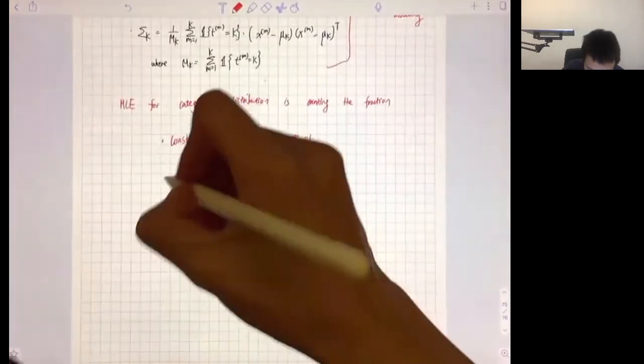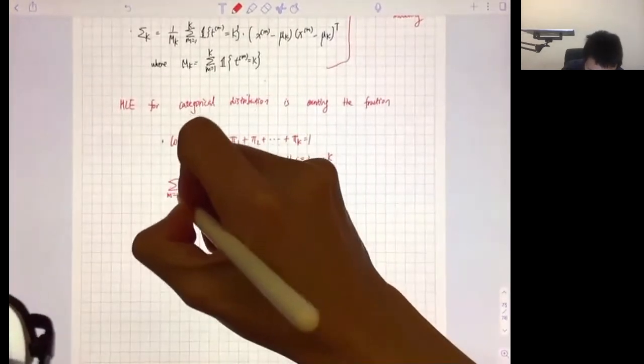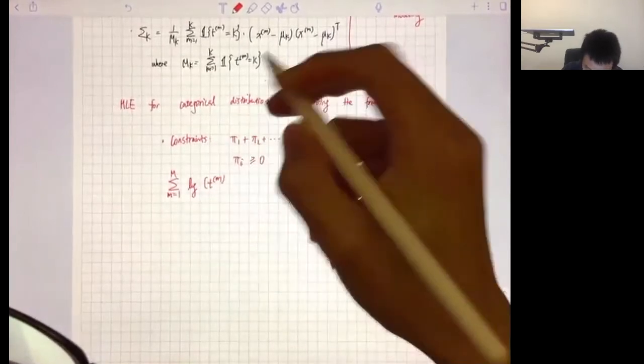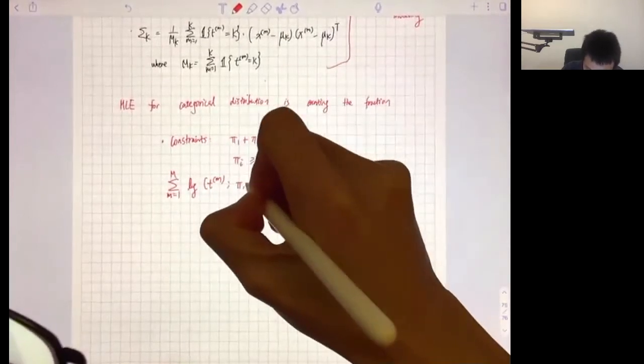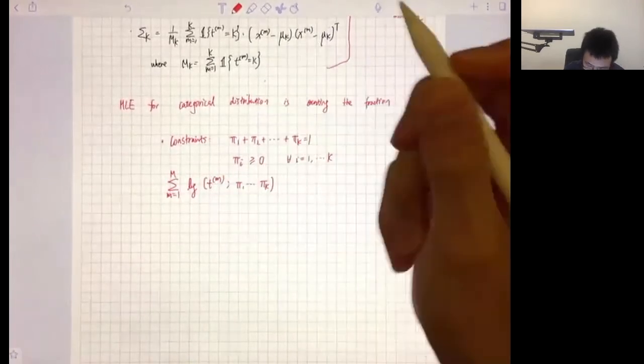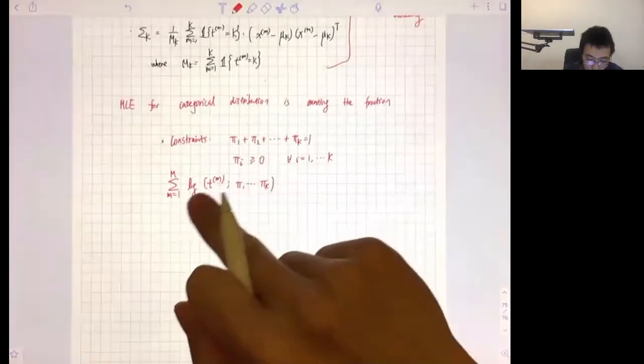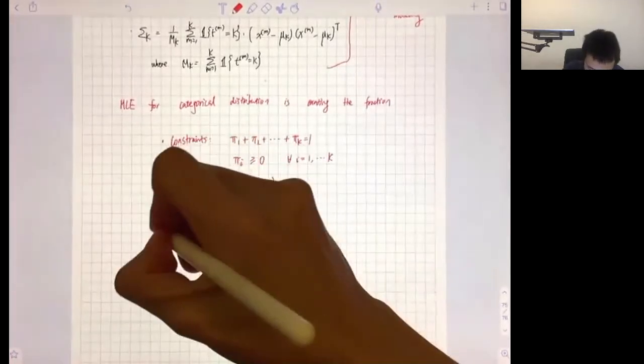So I'm writing the log likelihood of my T given pi1 up to pi k. So what is the log likelihood of my multinomial distribution?